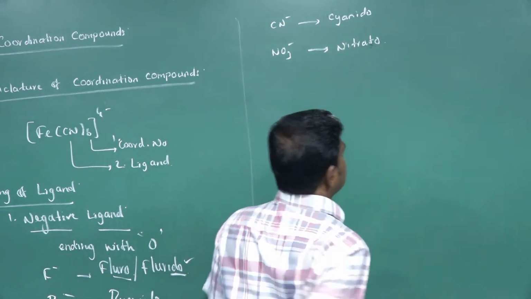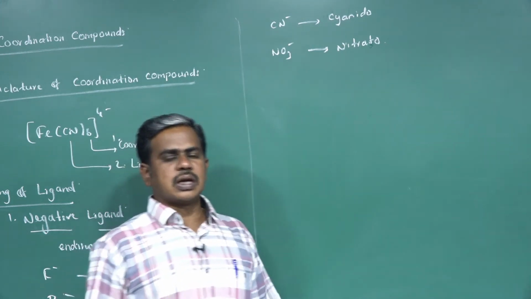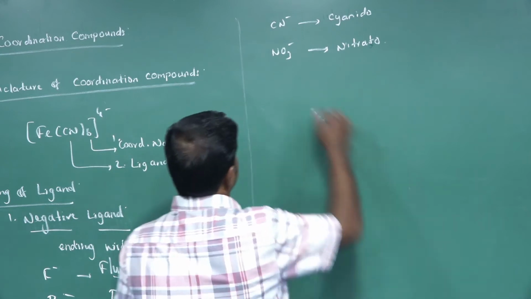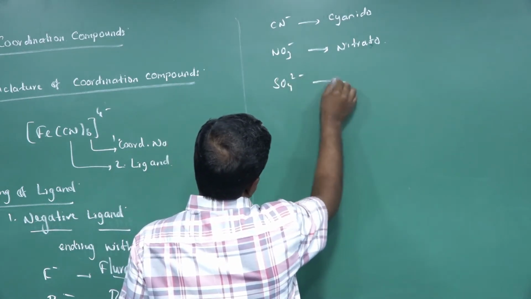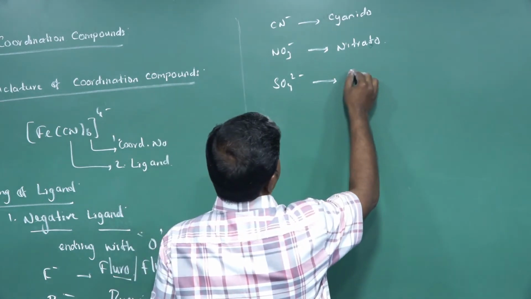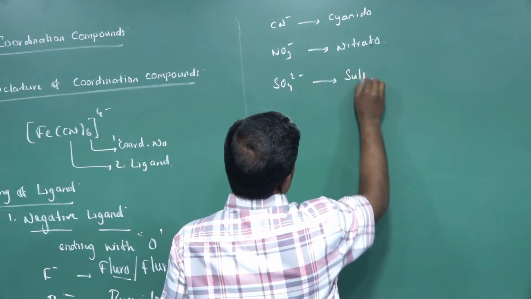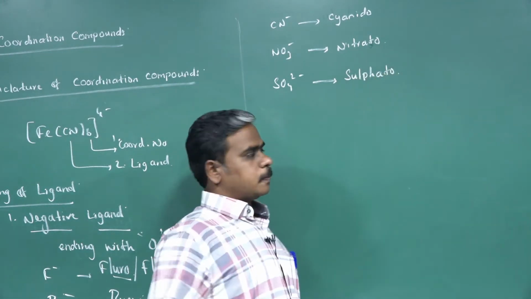Nitrato. So here it is not IDO, it is only with O, so that in your book it is given as O. And if you are taking SO4 2 minus, then we consider it sulfato. What is that? Sulfato.